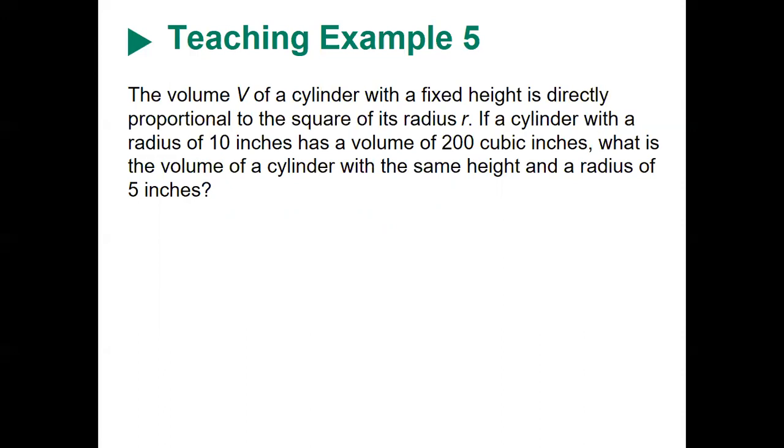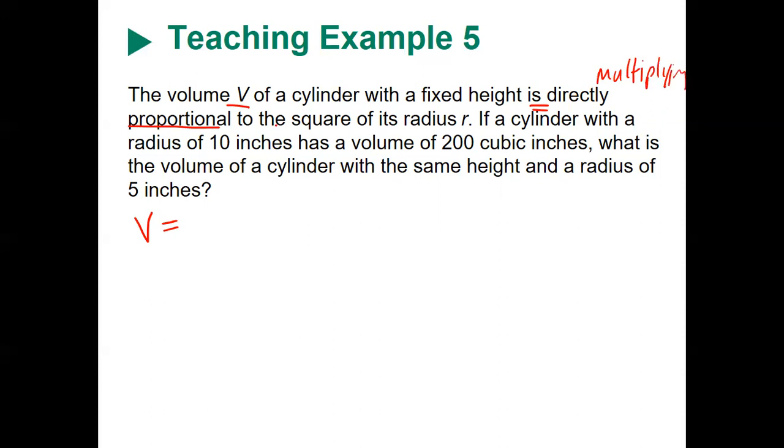Okay, so the first thing that we need to do is establish what our equation is. Well, we're talking about volume, right? Volume is a key word for equal. Volume is directly proportional, and directly proportional lets us know that we are multiplying.